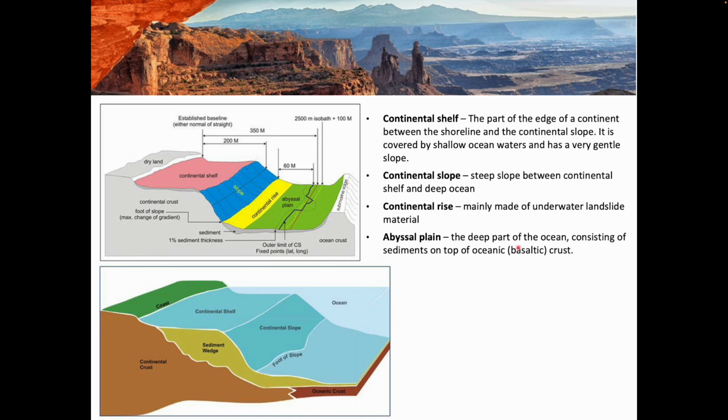It is usually pretty flat and consists of sediments directly on top of basaltic oceanic crust. It's important to know that while in these diagrams the continental slope looks like a pretty steep hillside that drops off fairly rapidly, these are actually quite gentle slopes, and they are dropping 10,000 feet over 50, 70 miles rather than being a steep slope directly down into the deep ocean.